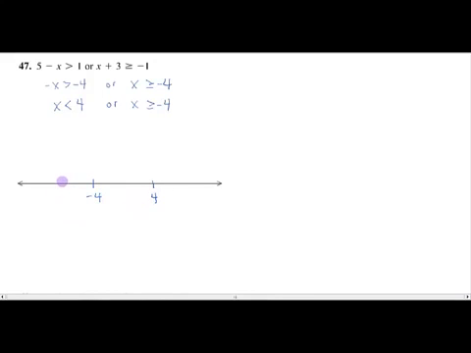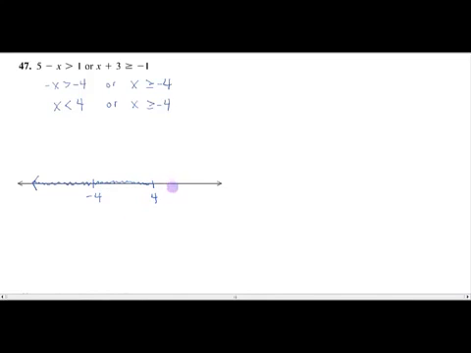Let's test over here a negative 5. Negative 5 is less than 4. That's true, and since we have an OR, we just have to have at least one of those intervals true. So I'm going to shade that all the way to the left. Let's try a 0. Is 0 less than 4? Yes, it is. So again, I can shade this interval.